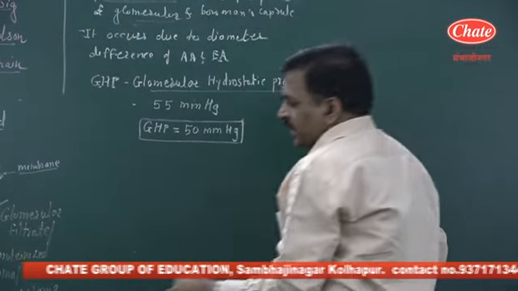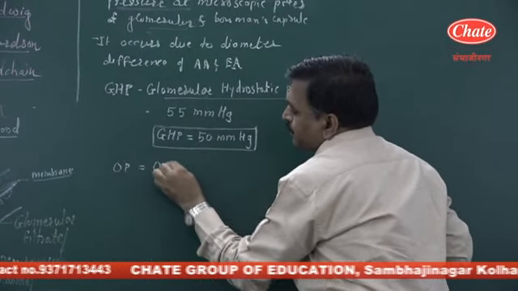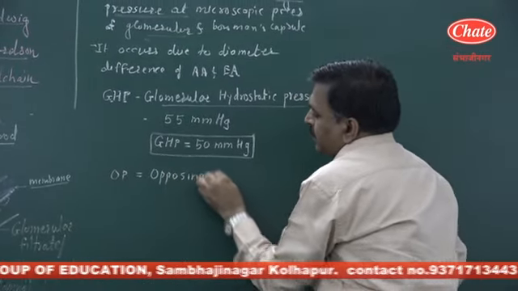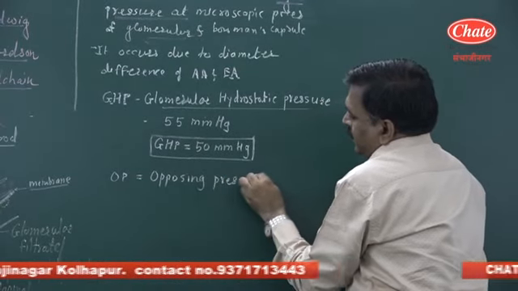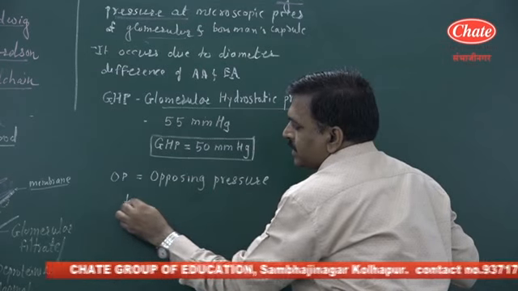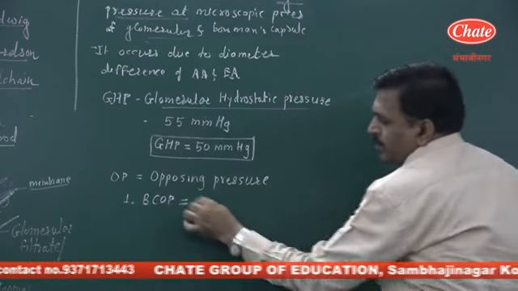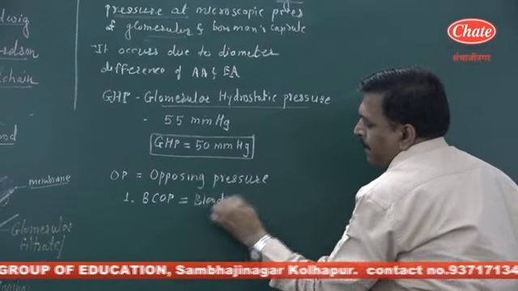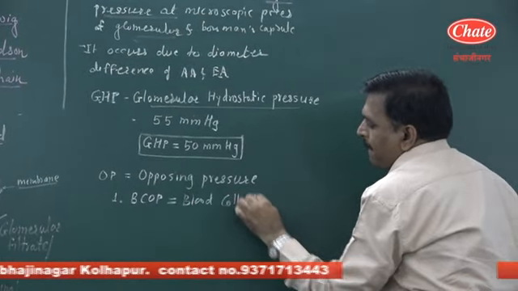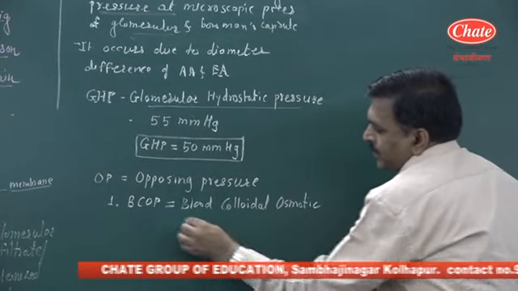Now this pressure gets opposed by an opposing pressure. The opposing pressure is created by two types of pressures. First is BCOP, which stands for blood colloidal osmotic pressure.